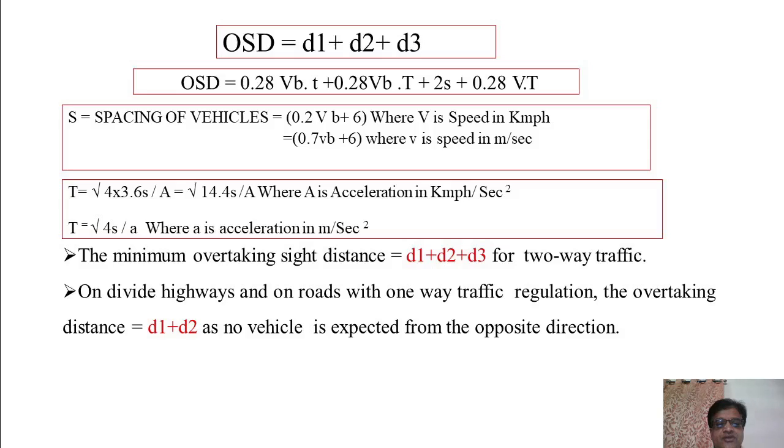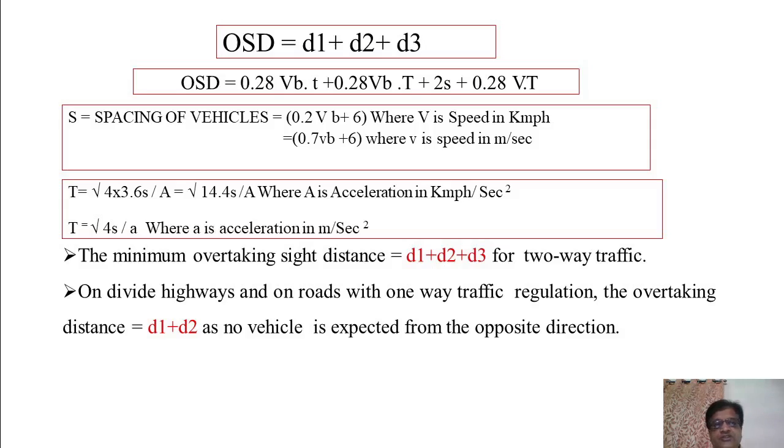Similarly, this can also be expressed in meter per second square. Then T equals square root of 4s by small a, where a is the acceleration in meter per second square. Finally, we have OSD equals d1 plus d2 plus d3.